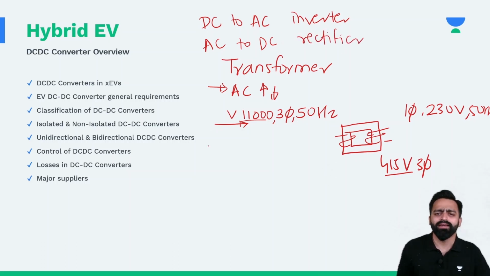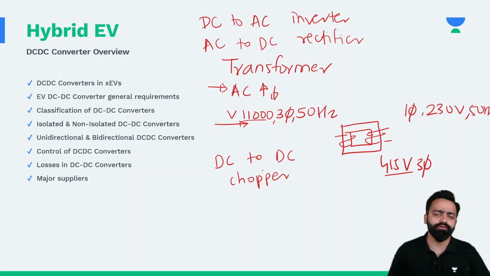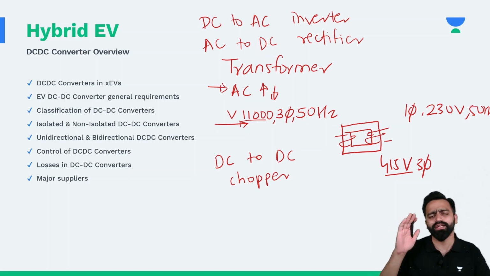In the same way, a DC to DC converter is called a chopper. And there is an AC to AC converter also, but that is not in our scope. So for DC supply, there are converters. For AC supply, there is only one device that does the function of increasing or decreasing the voltage, and that is nothing but the transformer.